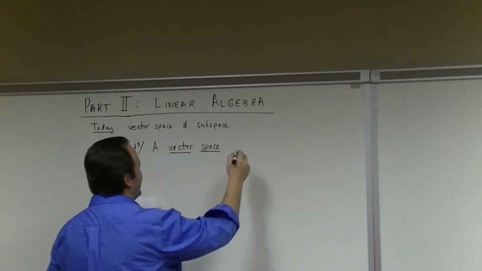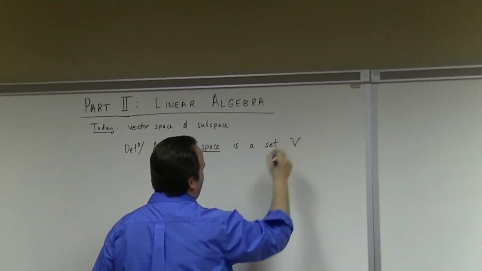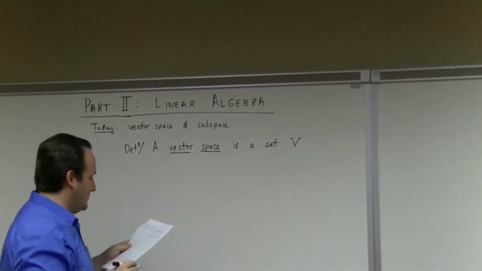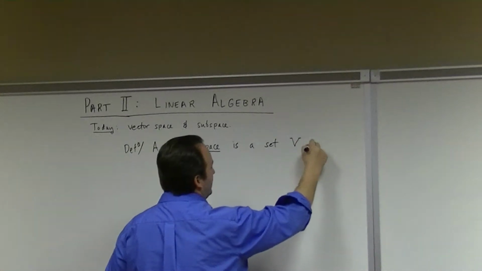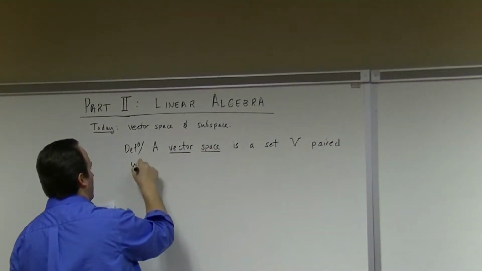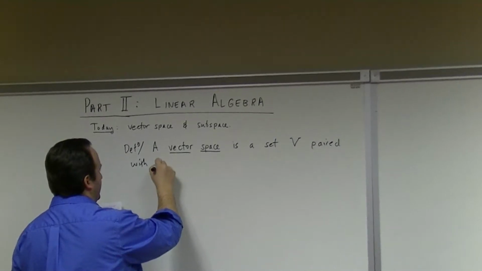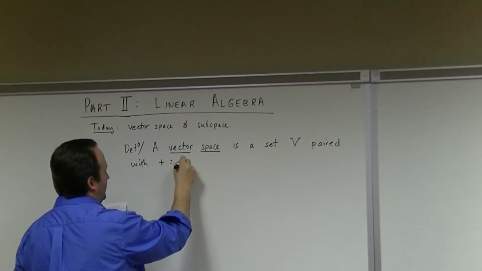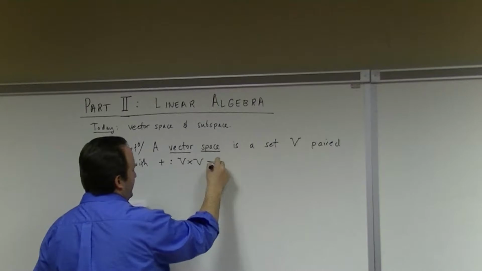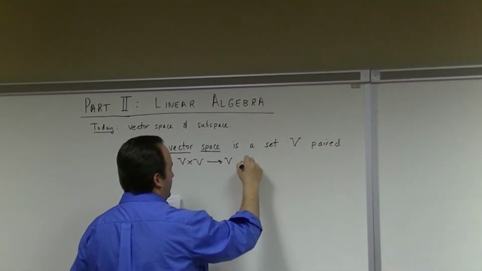So a vector space is a set V, together paired with, let's see, a couple mappings. One, some notion of plus, which is a mapping from V cross V back into V again. This is called vector addition.